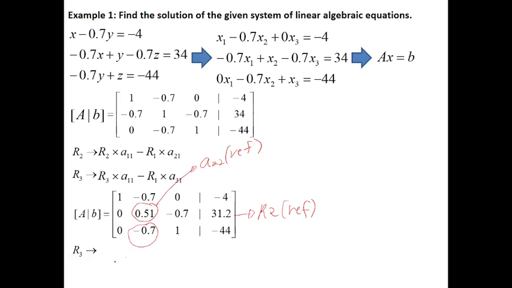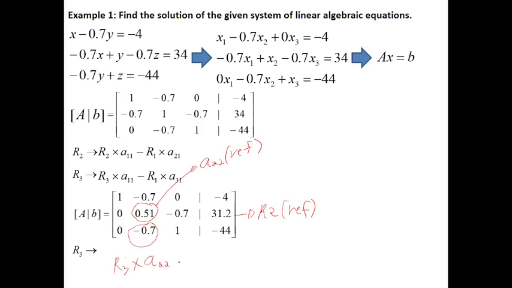Since it is located at row 3, i-multiply mo siya doon sa element na reference. What is the reference element? A22.